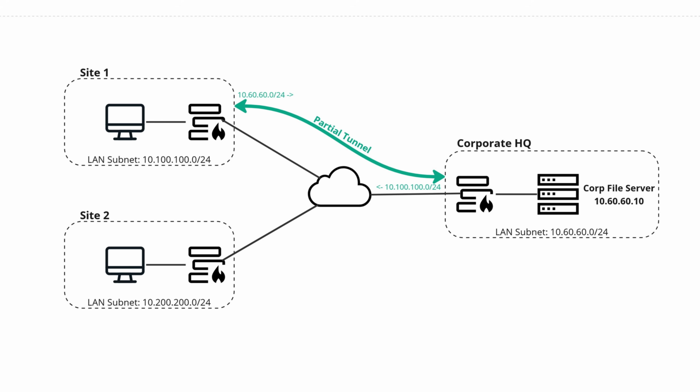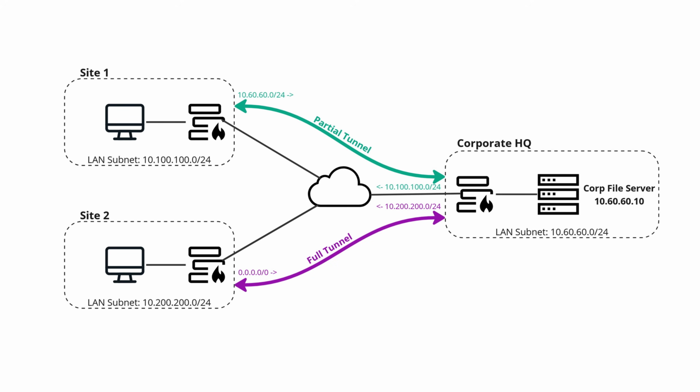And the reverse will also be true. So from the corporate side, the only thing we'll pass is that 10.100.100.0. Now, what this will mean for site 1 as well is that since we're only tunneling the corporate headquarters traffic over that VPN, all internet routed traffic will still go out the direct internet connection for site 1 and will not traverse that VPN tunnel.